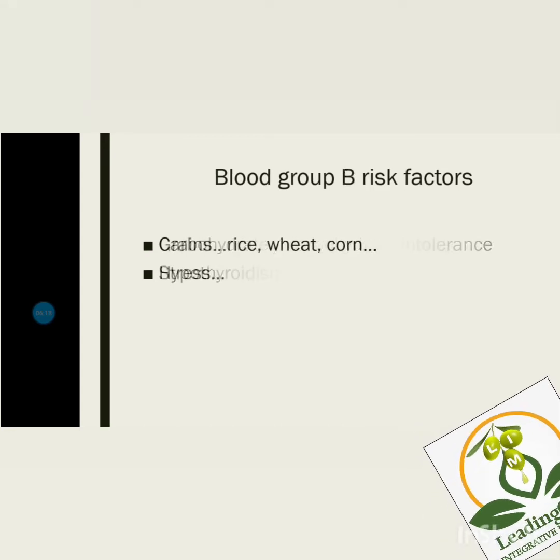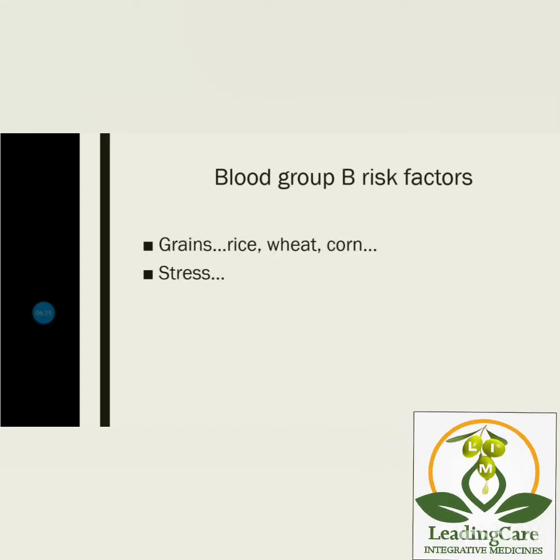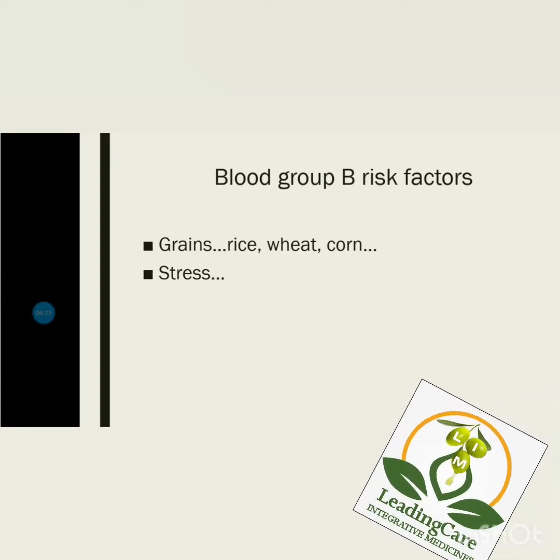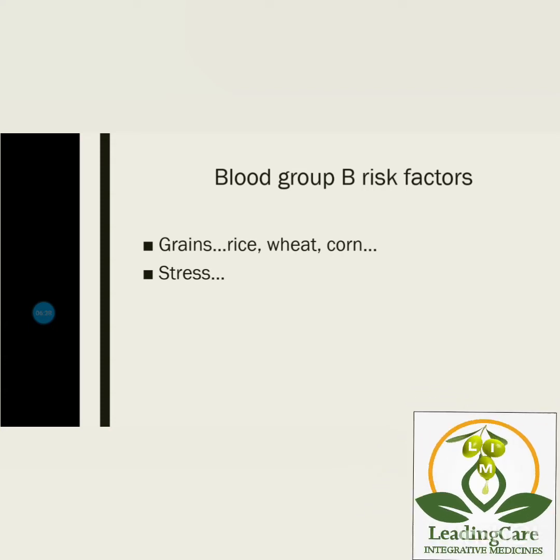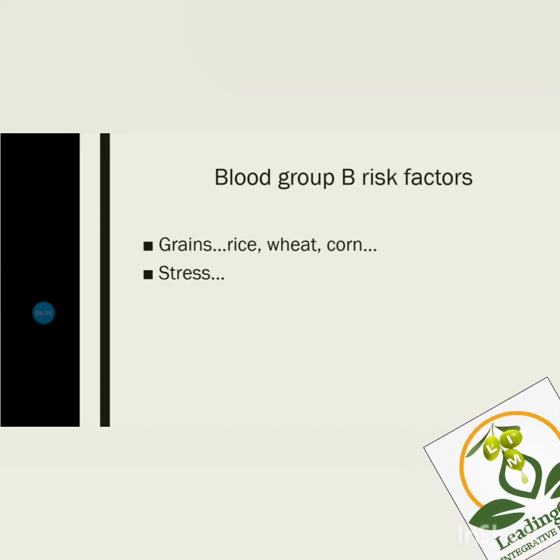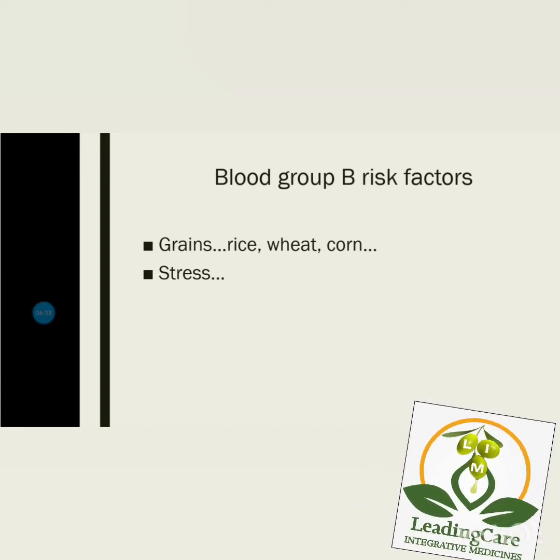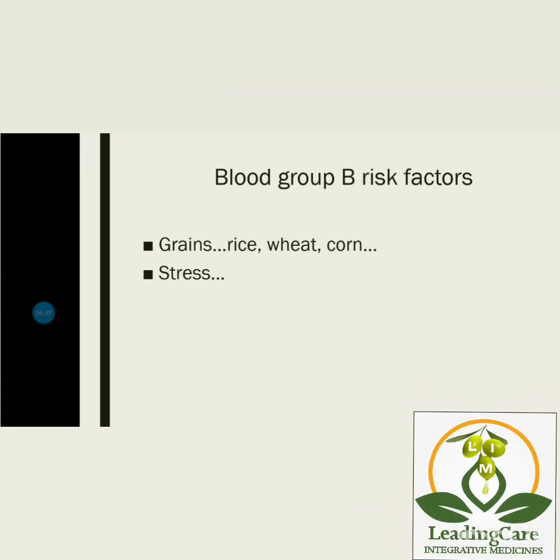Now, because of our time, I don't want the video to be lengthier. We have blood group B. Blood group B also has their own risk factors. Most of their risk factors are from grains, whole grains.